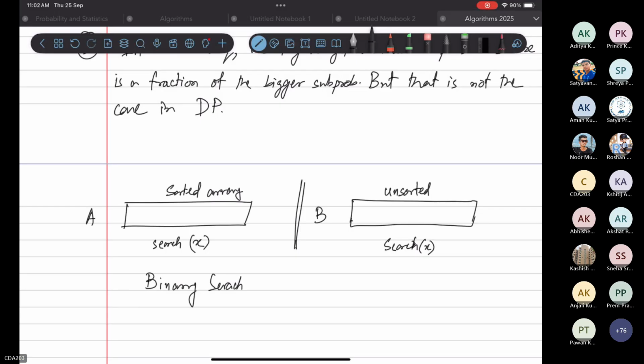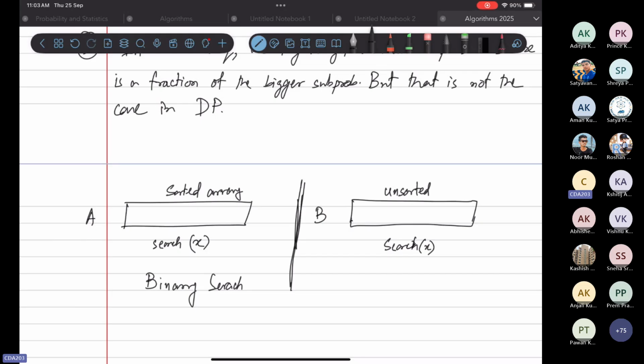Now, can you tell me a divide and conquer approach for the problem on the right hand side, when the array is not sorted?